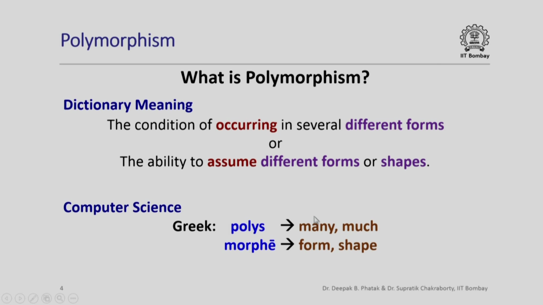The poly part means many or much, and the morph part means form or shape. So, even in computer science, we are going to refer to polymorphism when a particular object or a particular entity can assume different forms or shapes depending on the context in which it is used. We will see examples of this very soon in the next few slides.